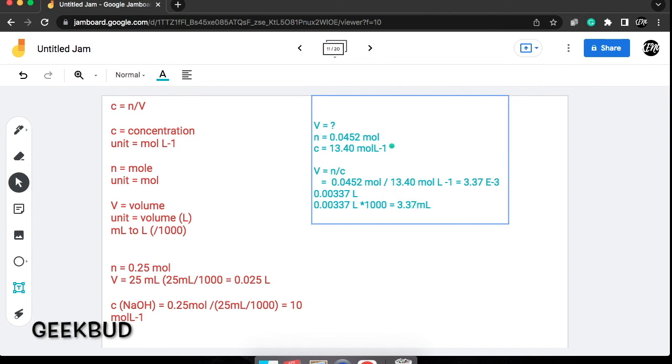Okay, so that's up to the question that they've asked you, whether they want the final answer in liters or milliliters, but often they are seeking the answer in liters.